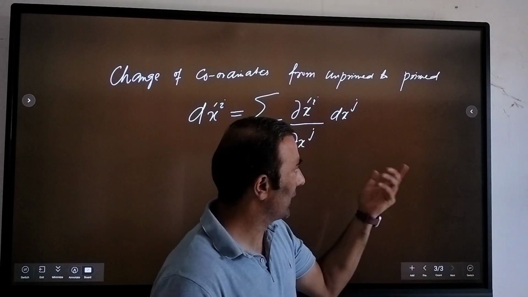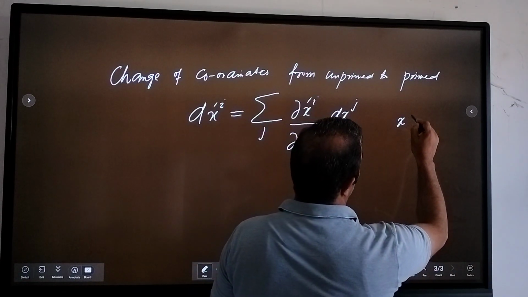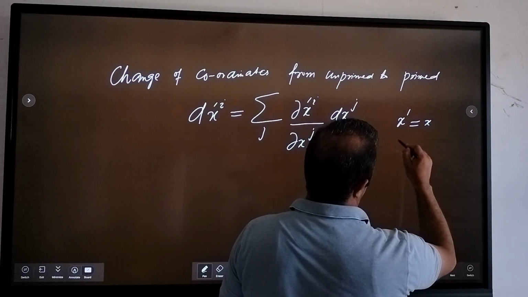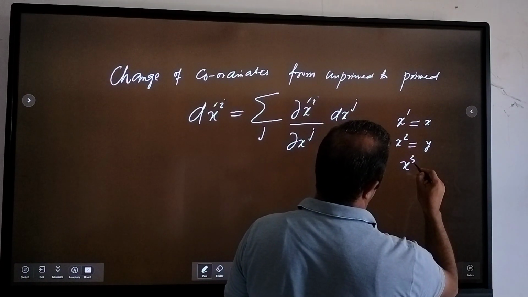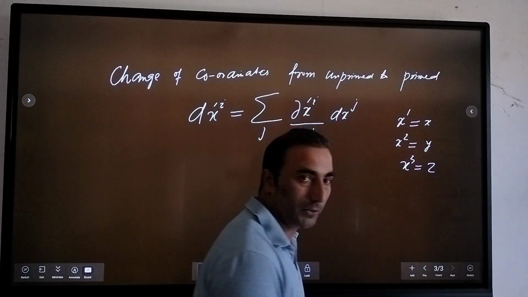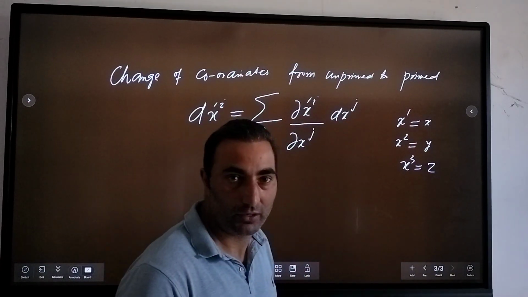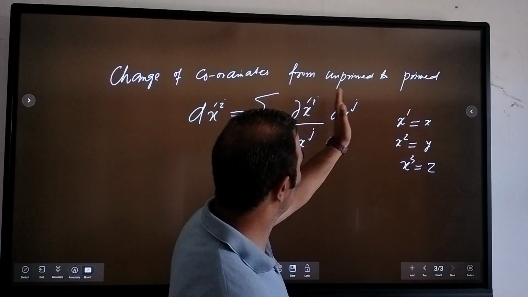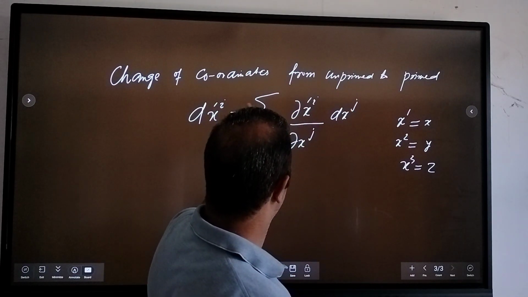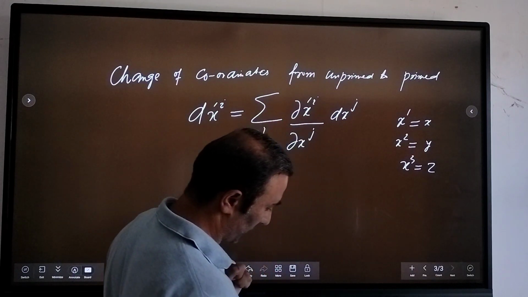So like we have x1 equal to x, x2 equal to y, and x3 equal to z. Okay, so it includes all those coordinates, right? Because I'm going from some unprimed to some primed system, right?